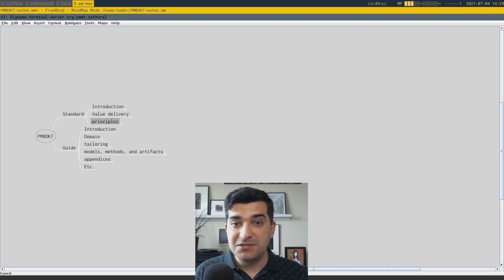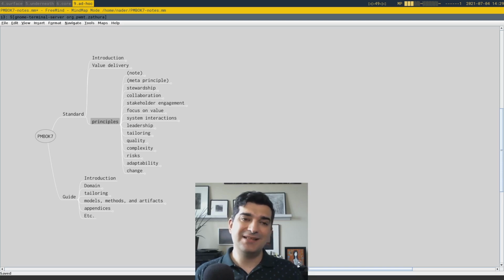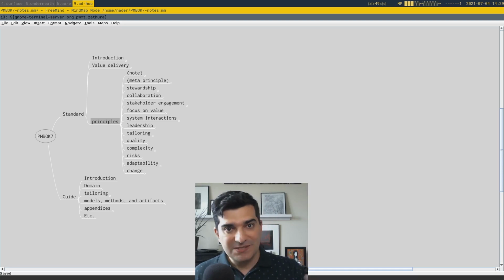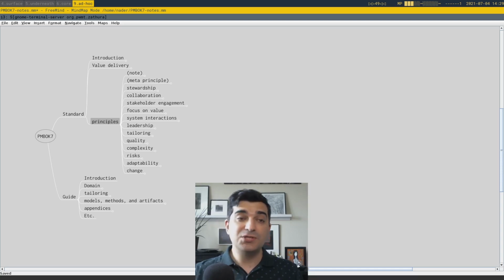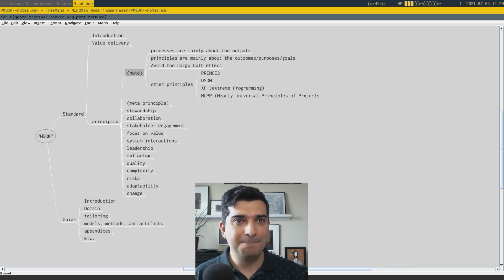And then we have this main section, which is principles. We have a list of principles. These are the things that, no matter how you're running your project or which methodology you're using, you should consider all of them. It helps you prevent a lot of problems, and especially the cargo cult effect. Take a look at that.